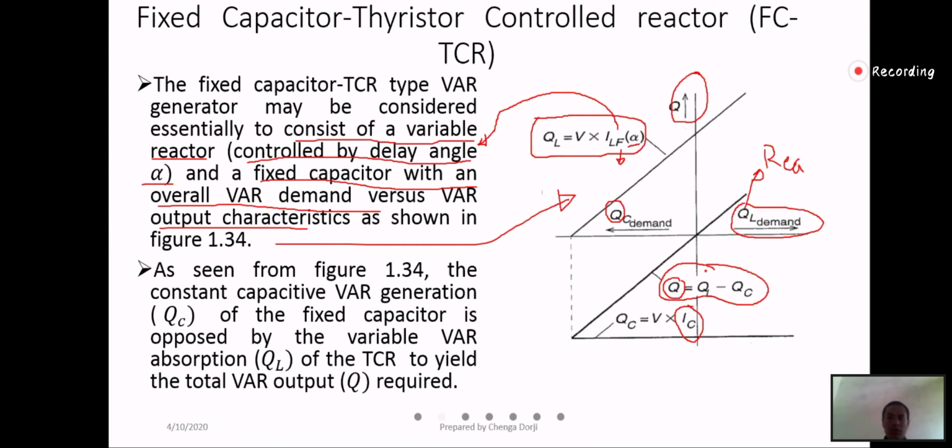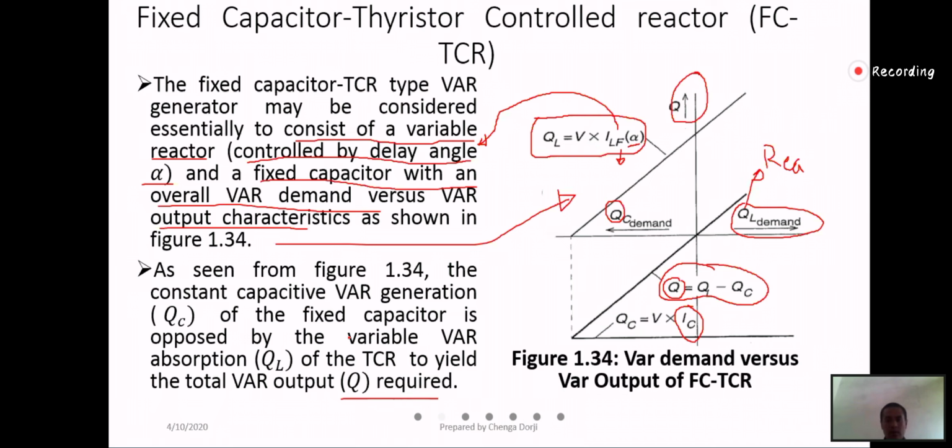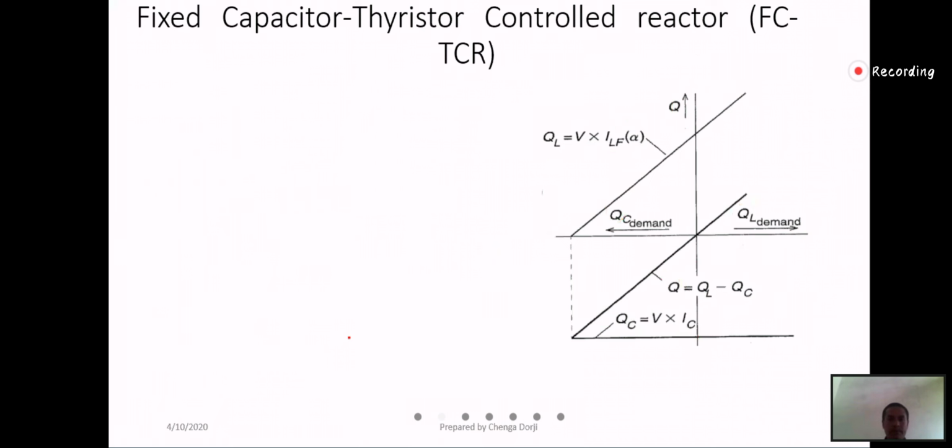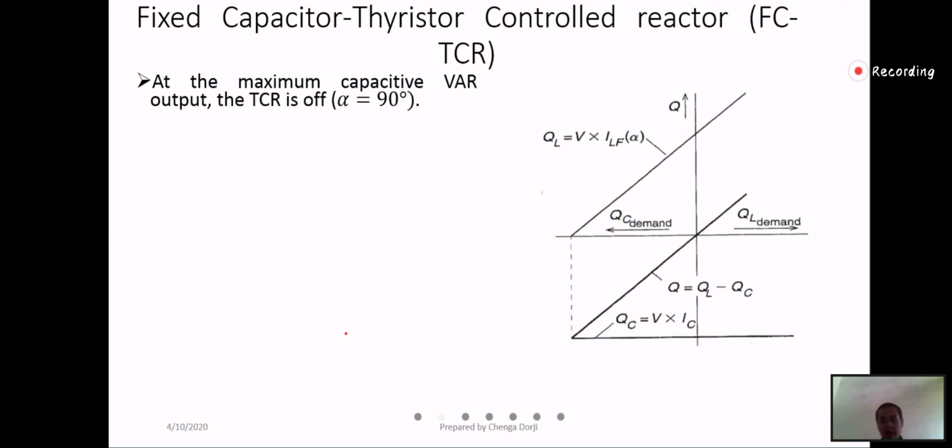This is absorption and this is production. Therefore, the total var output Q is QL minus QC. At maximum capacitive var output, TCR is off and alpha is 90 degrees.